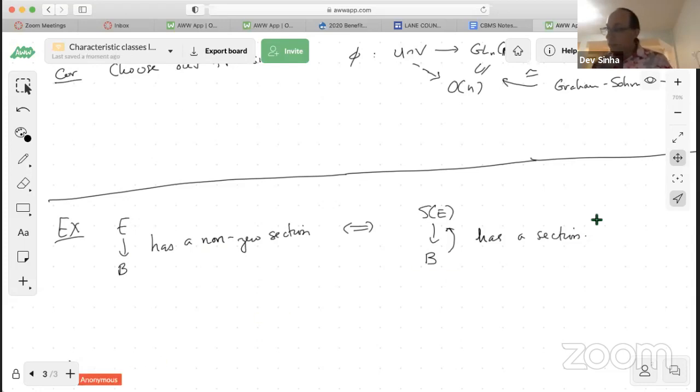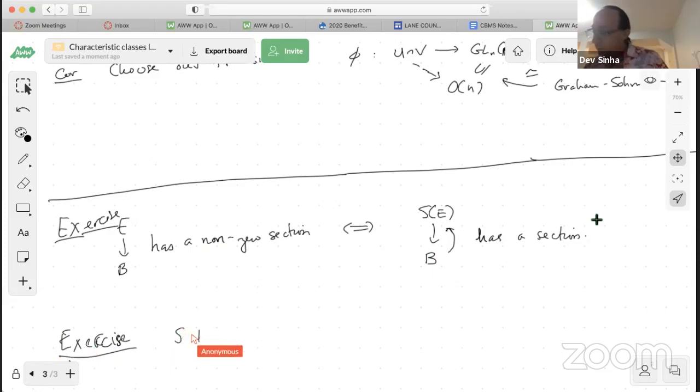Another exercise, again, this is one of my favorites. Show that the following are homeomorphic: the unit tangent bundle of S2 is homeomorphic to, well, let me write them more symmetrically, RP3, or the group of 3x3 orthogonal matrices.